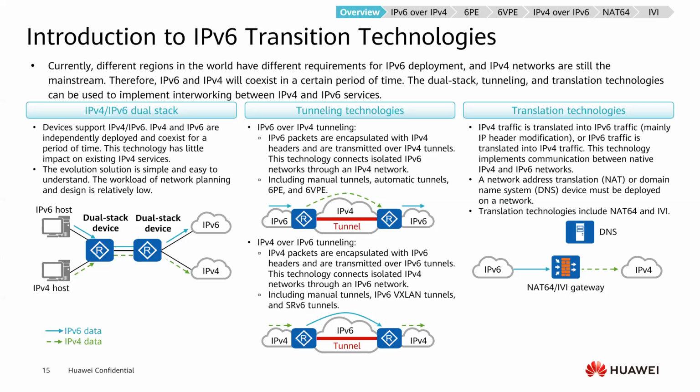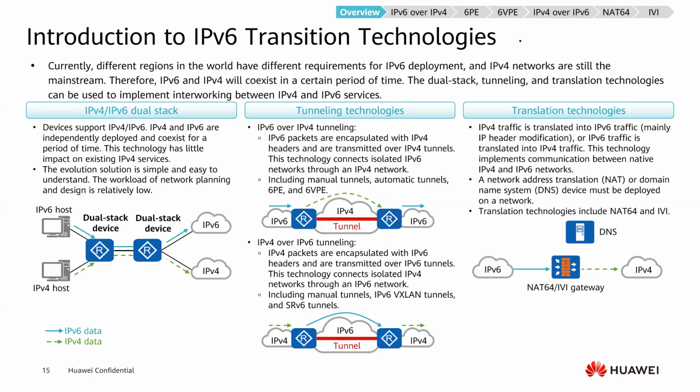But this requires existing v4 devices to be replaced, as these devices are incompatible with v6 networks. The main issue is that replacing a large number of v4 devices means huge cost and interrupts services on the networks. Therefore, the transition from v4 to v6 must be a gradual process.